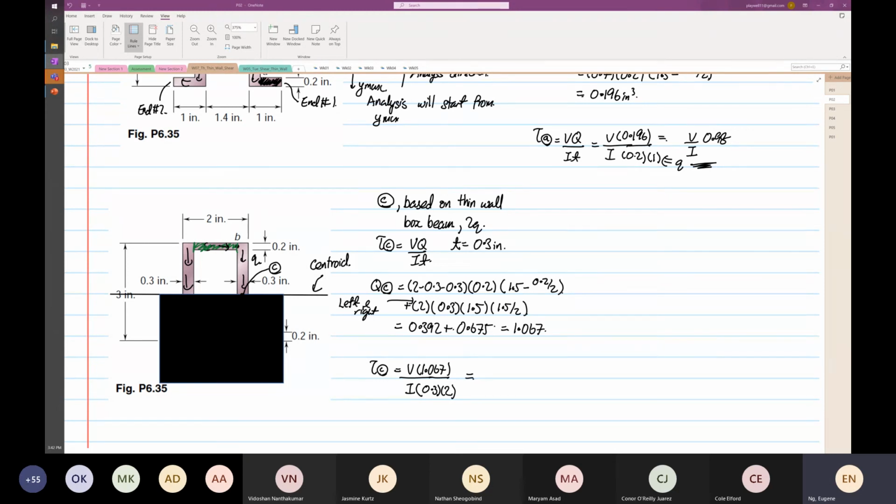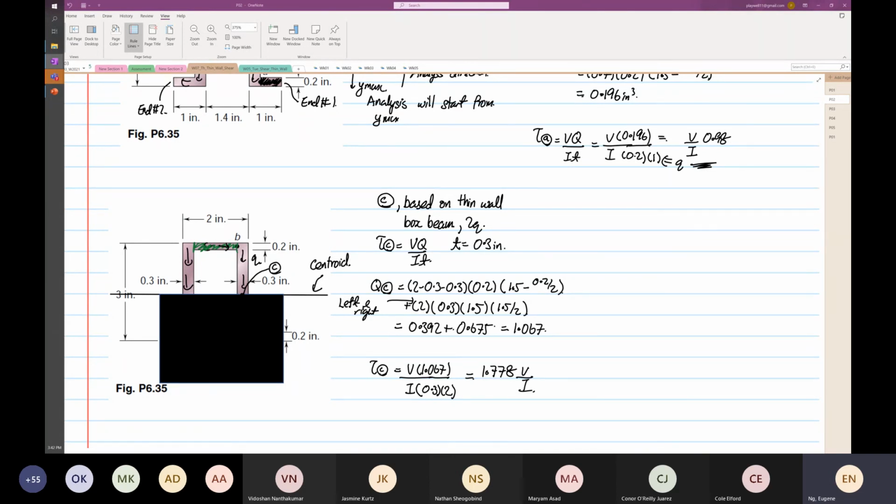The answer is, wait, what did I get? 0.672. Is equal to 1.778. Okay, 1.778 V over I. Okay, so this value seems to be a bigger value. Yes or no? Okay.